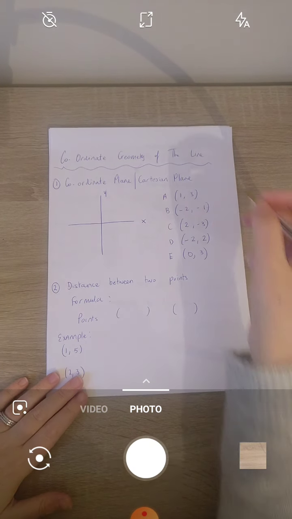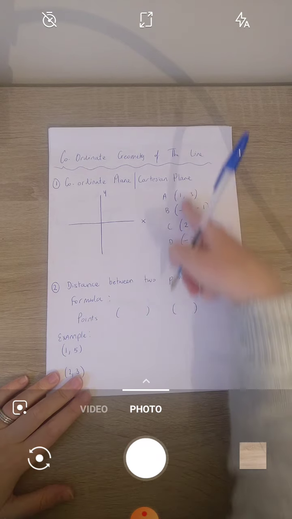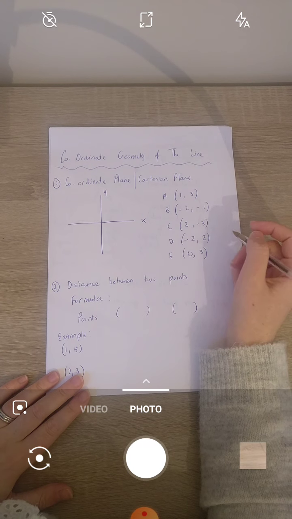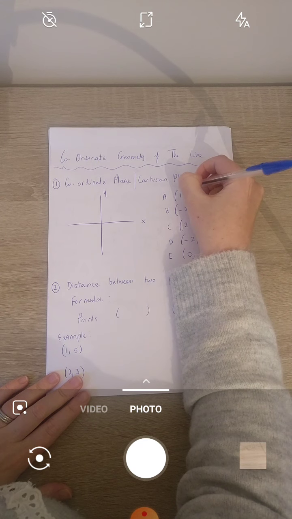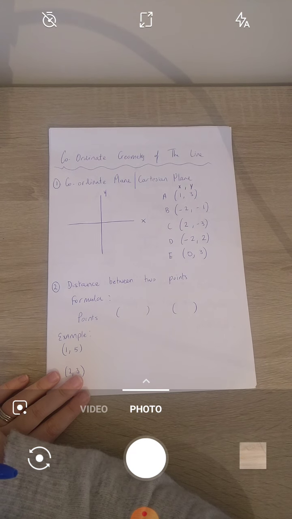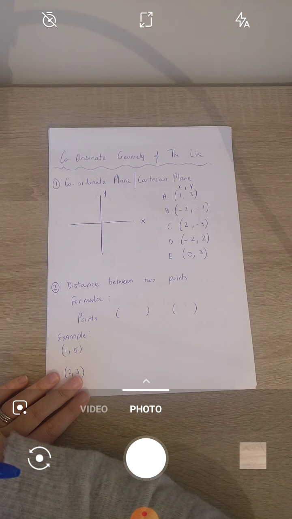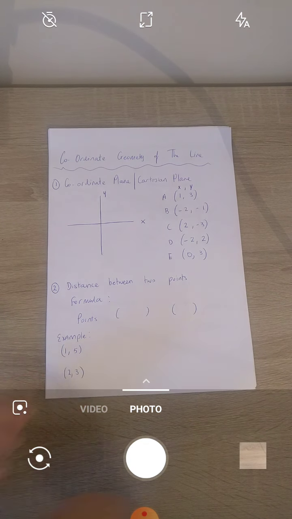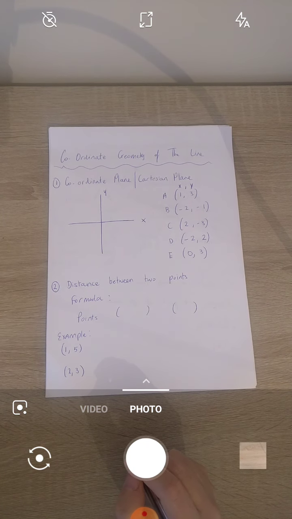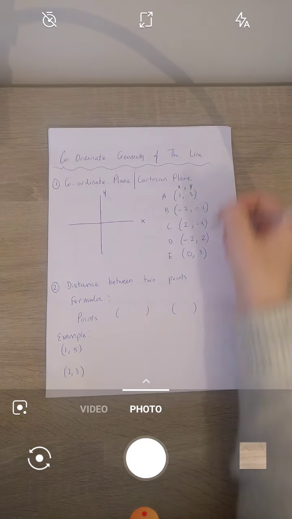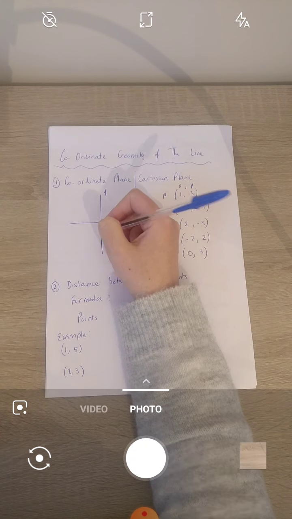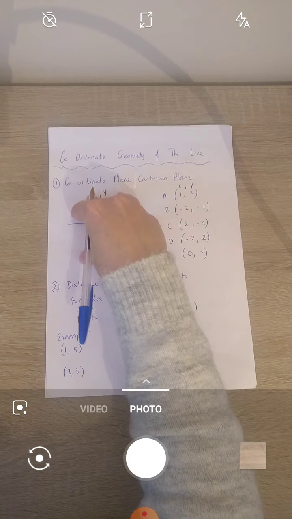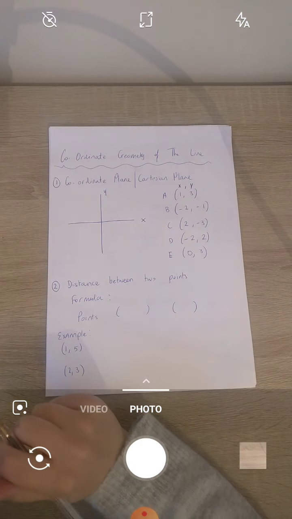Each of our coordinates, and I've listed A, B, C, D, and E here, is an X and a Y. The number on the left hand side is always your X and the number on the right is your Y. So you could be asked to plot these points onto your coordinate plane, or you could be given a point on the coordinate plane and asked to name what the point is.